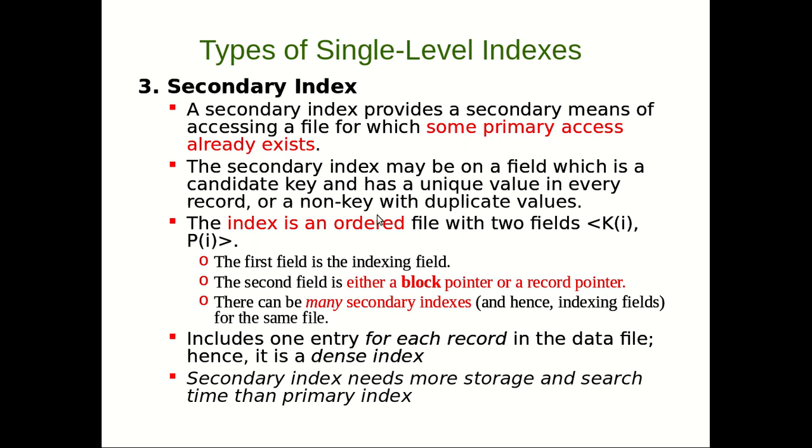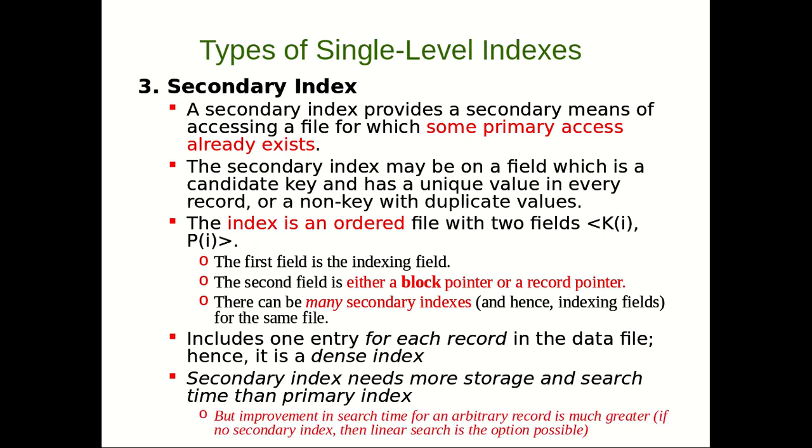Thus, a secondary index needs more storage space and search time than a primary index, definitely, because for every record there should be an entry in the index file. But the improvement in search time for an arbitrary record is much greater. That is better than performing a linear search.